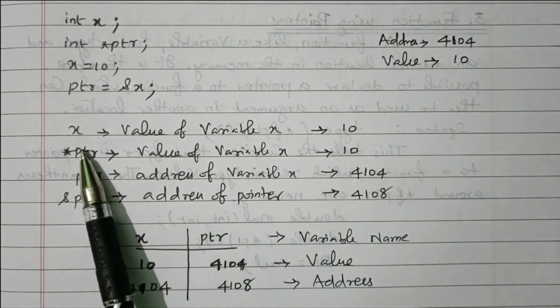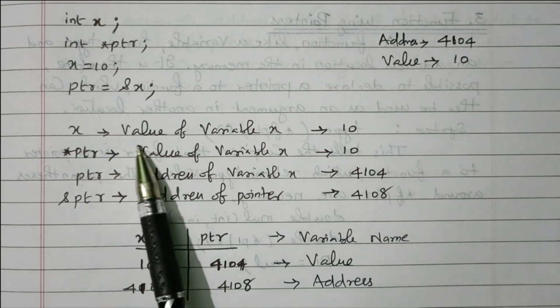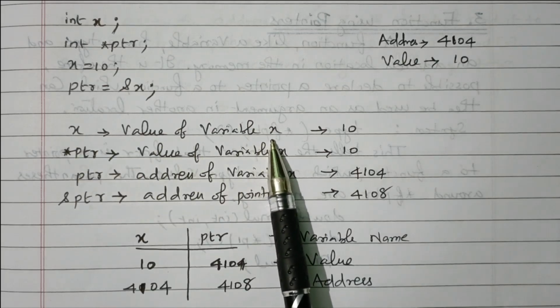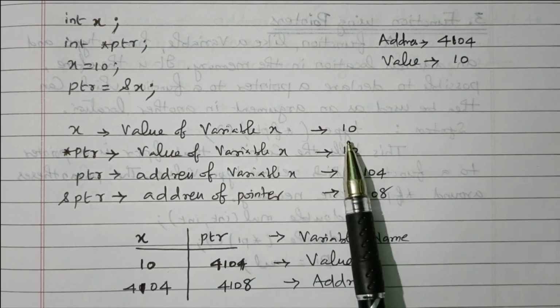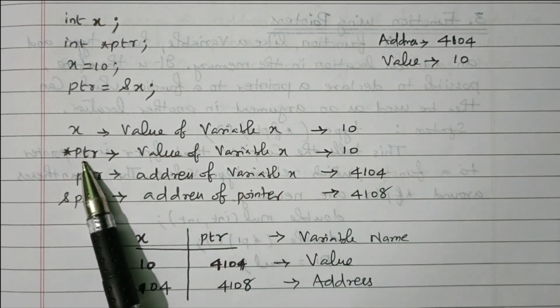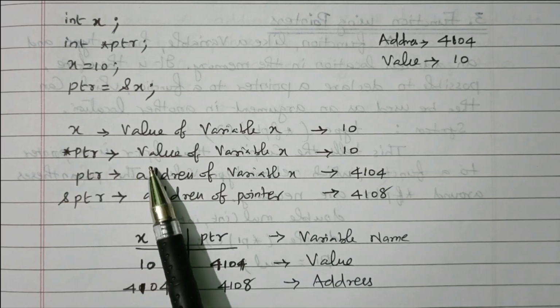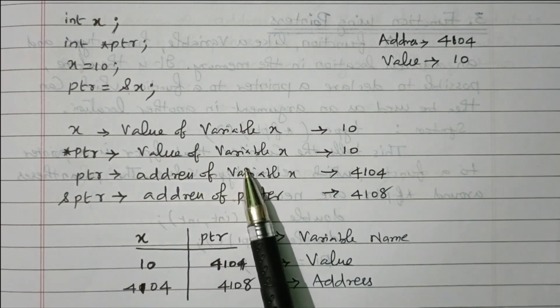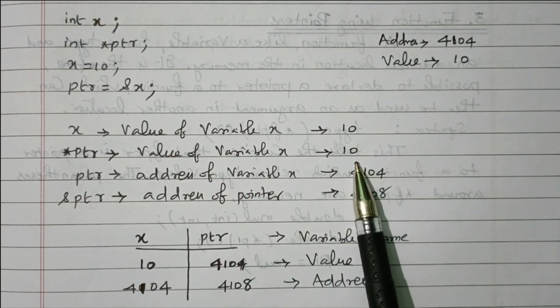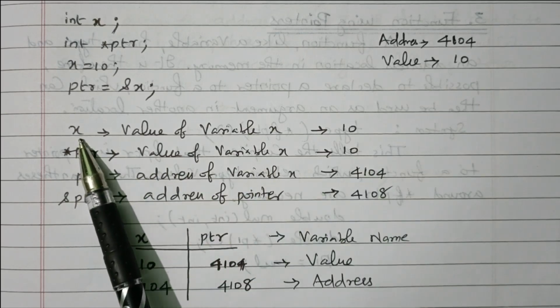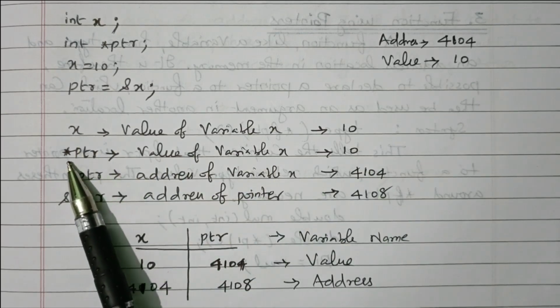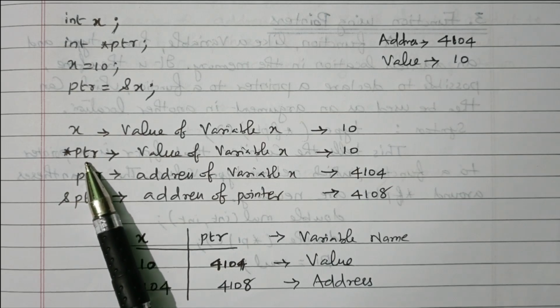Now we'll see. If we refer to x, the value of x will be given. If you refer to x in the program, it will return the value of x, 10. If you refer to *ptr, that also will give the value of the variable x, 10. x will give the value of x. *ptr also will give the value of x.